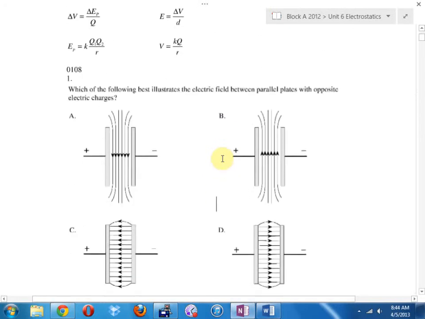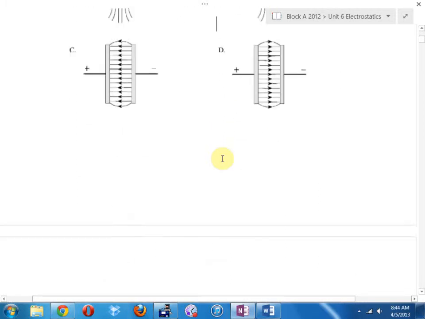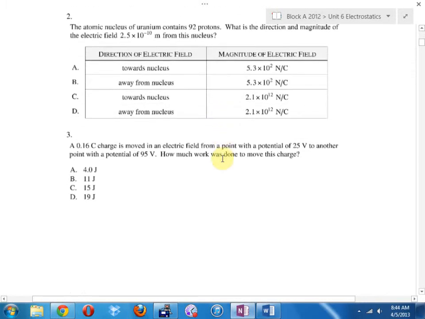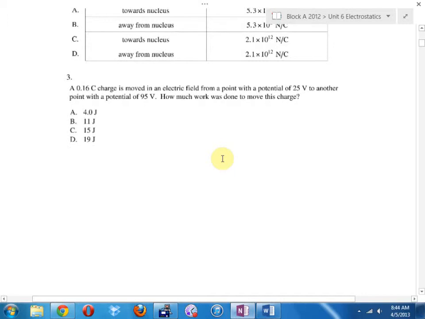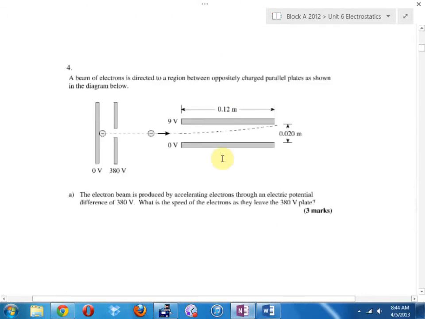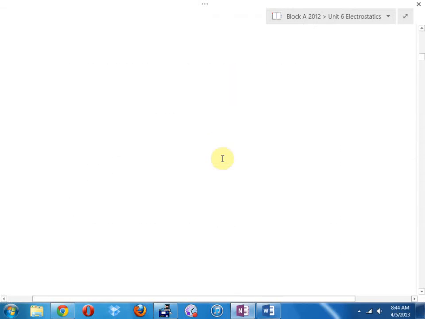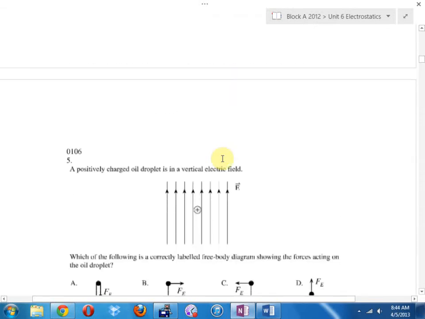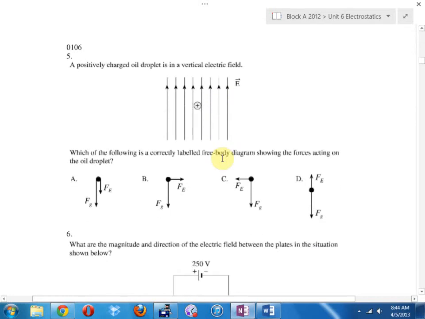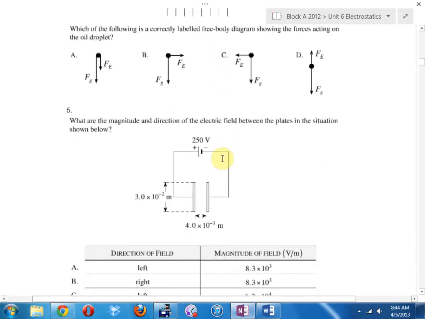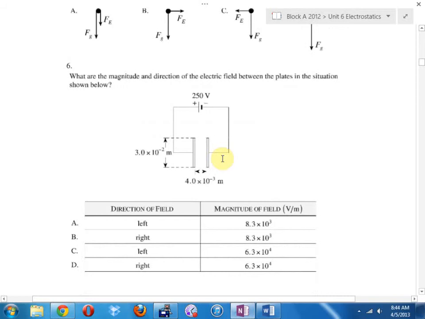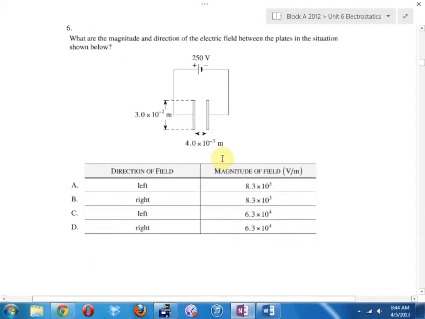Number 1, you need to know how the electric field between parallel plates works. Number 3. Now, number 6, this expects you to actually know circuit diagrams, which we just started to do now.